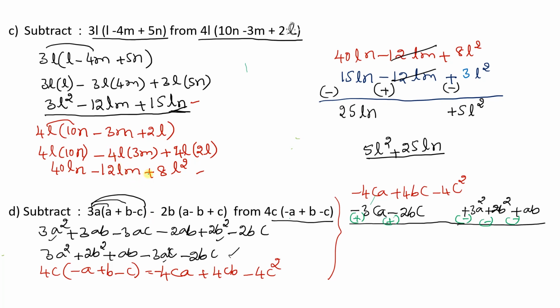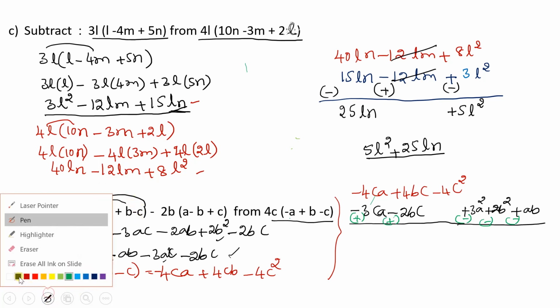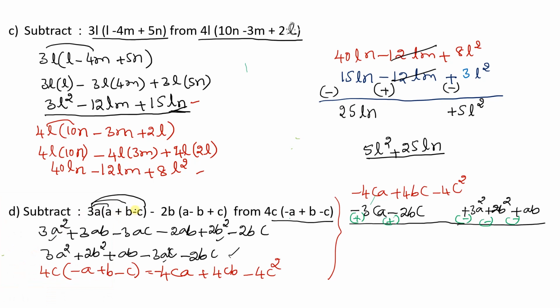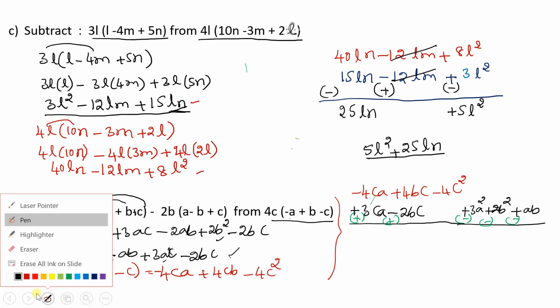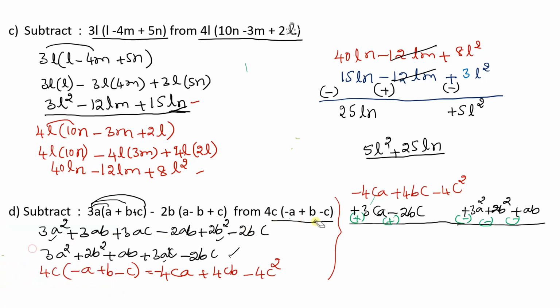Three into a plus b. Sorry children, here I have written the sum itself wrong. Just a minute. This should be plus. Plus c is there. Then what happens? This becomes plus 3ac. Right? Here it is plus 3ac and this becomes minus. And this term becomes minus.